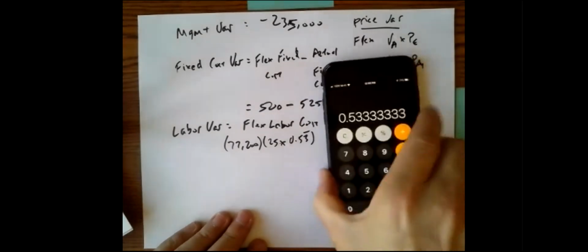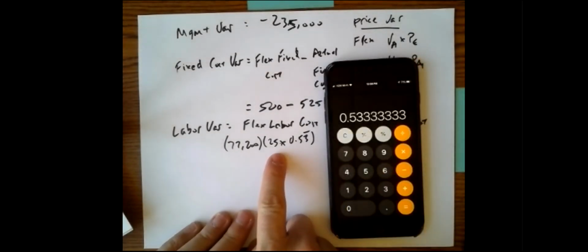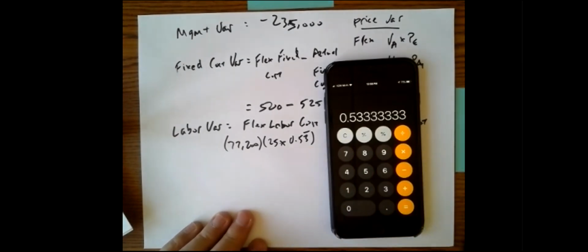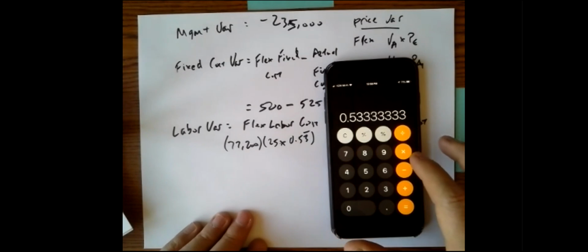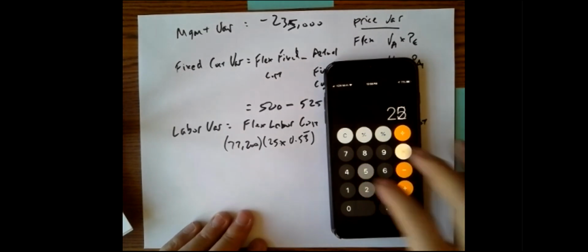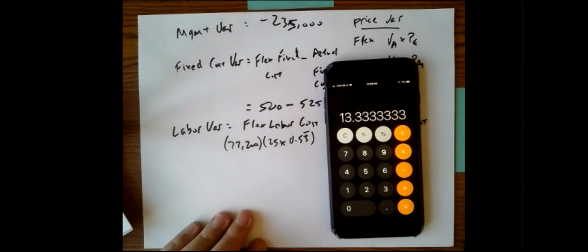So $25 an hour times 0.533 hours gives us our expected price per visit in terms of labor. So that's $13.33.